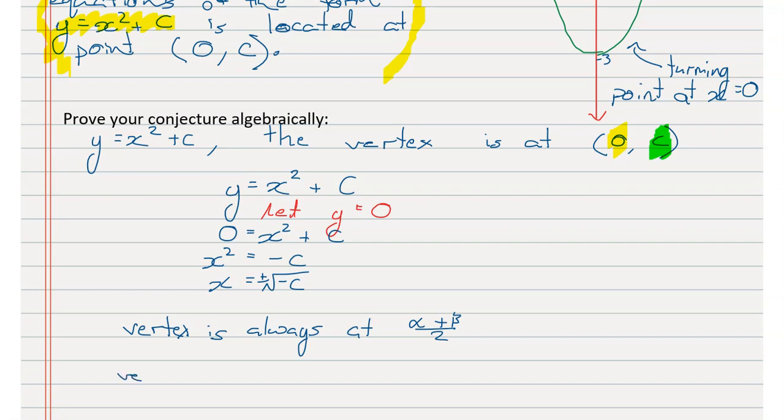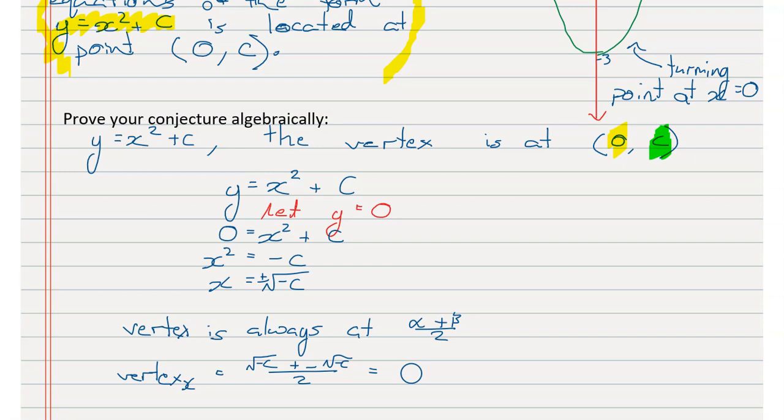So for the vertex, x is going to be the square root of negative c plus negative square root of c, divided by 2, which is simply 0. These two add together to give a value of 0, which gives the vertex of x always at 0 for this form here.